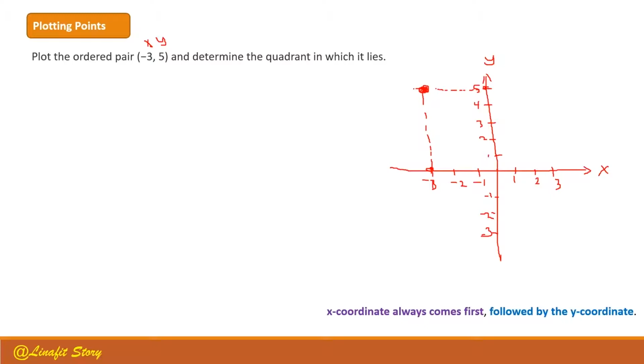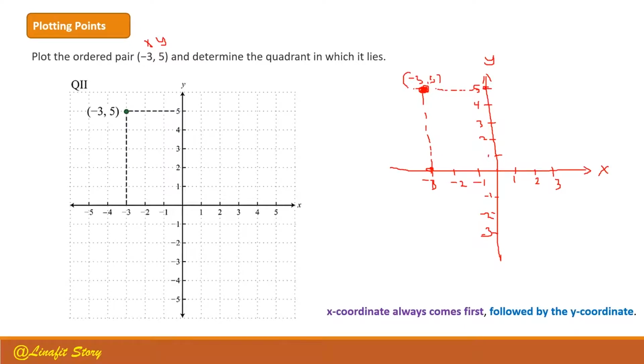So here is the point (-3, 5). In which quadrant does it lie? It's in quadrant 2. Remember, this is quadrant 1, quadrant 2, quadrant 3, and here is quadrant 4.